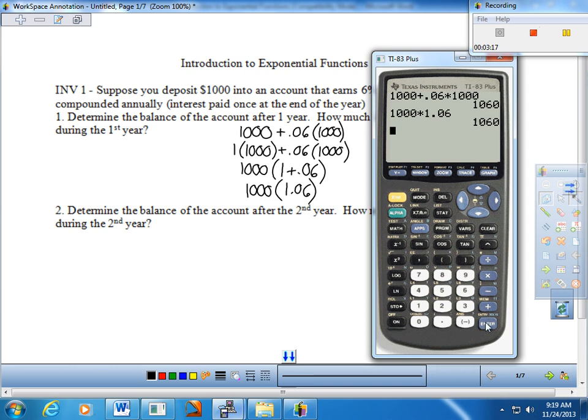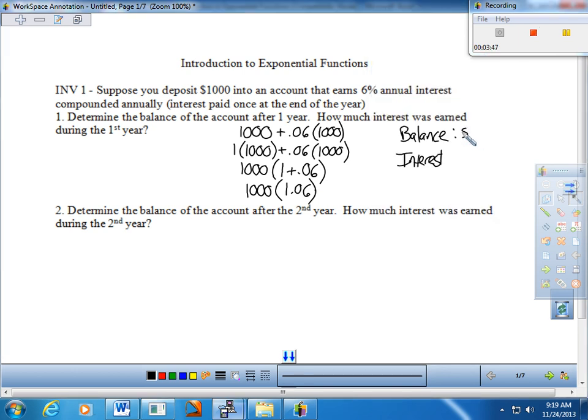And you'll notice, of course, we get the exact same answer. So take the original and multiply it by 1.06. I like that. Keep that in mind if you would. Okay, well, let's get a couple things going. I saw the balance was $1,060. That's perfect. Which means, of course, that we earned $60 over the course of the year. Wonderful.